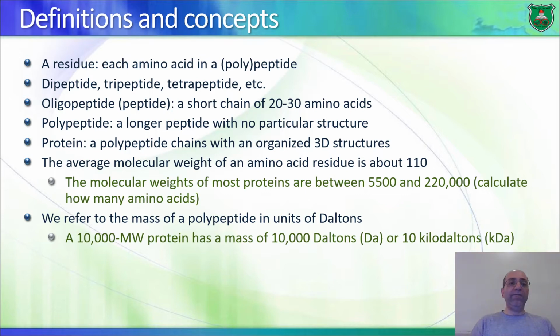If I say we have a 10,000 molecular weight protein, it means that it has a mass of 10,000 daltons, or we say 10 kilodaltons. So you can estimate the size of a protein by knowing the number of amino acids that make up this particular protein.